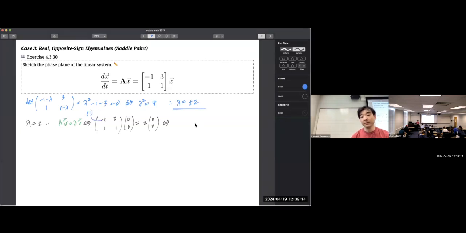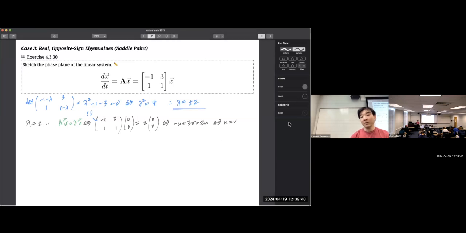You'll get negative u plus 3v is equal to 2u, which means you can move this u to the other side to get 3v equals 3u, so u is equal to v.